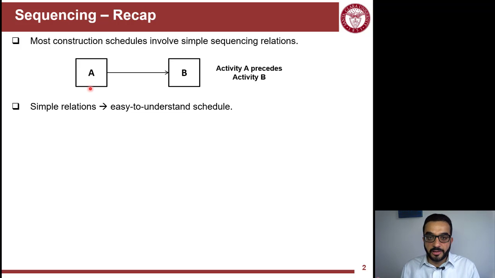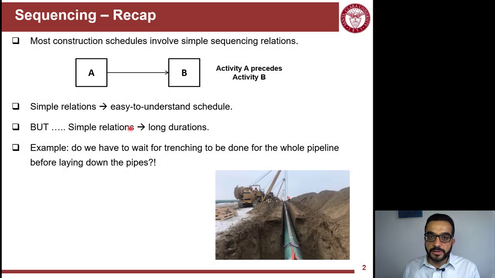They actually help us develop easy to follow, easy to read schedules. But the problem is they are not really representing reality, and on the field things happen in a different way than this simple representation. Also, simple representation results in longer schedules, and this is why on site it happens a little differently.